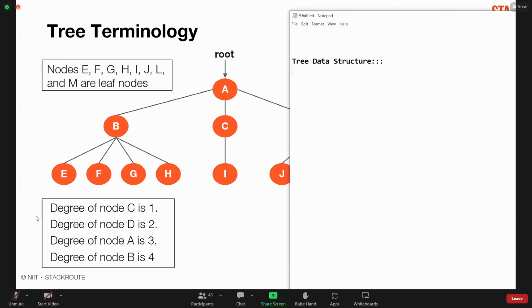So tree data structure, guys, listen, the first point I would like to discuss is the topmost node in a tree is called the root. So in every tree, there will be a topmost node, which is called the root node.